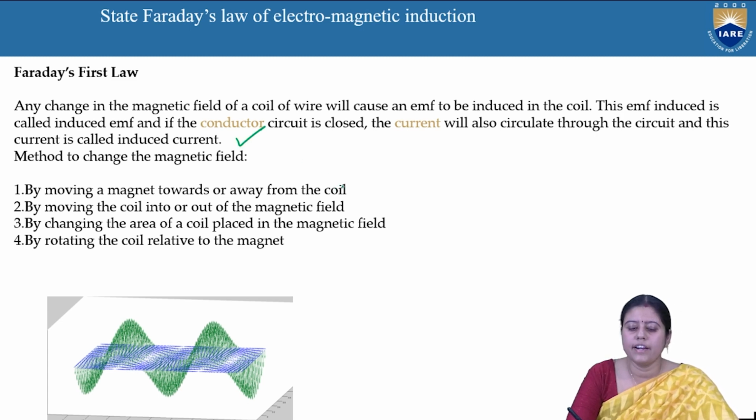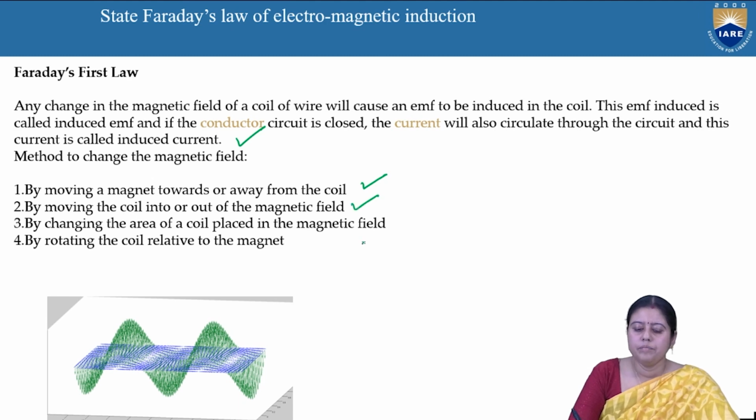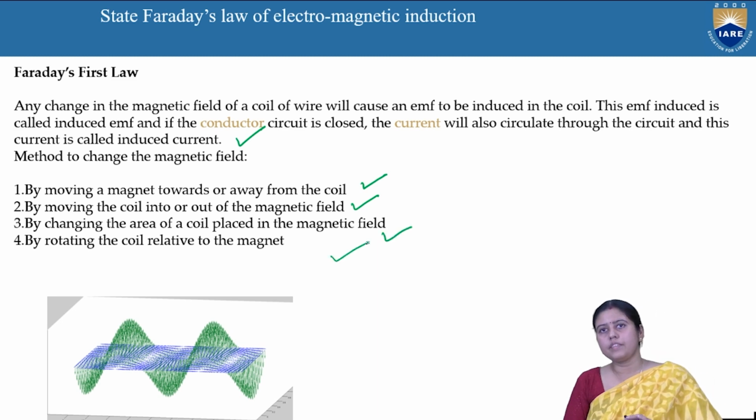The induced current can be produced by moving a magnet towards and away from the coil, by moving the coil into or out of the magnetic field, by changing the area of the coil, or by rotating the magnetic field relative to the coil.